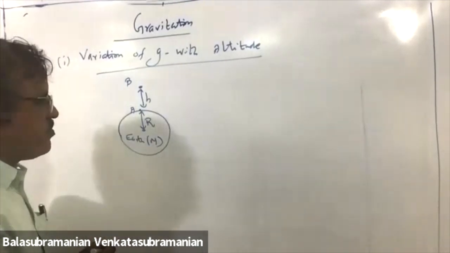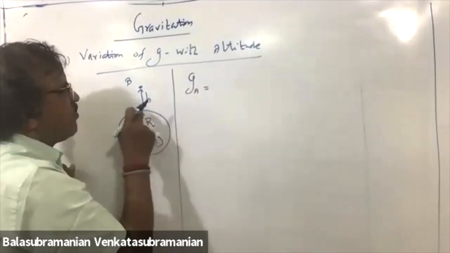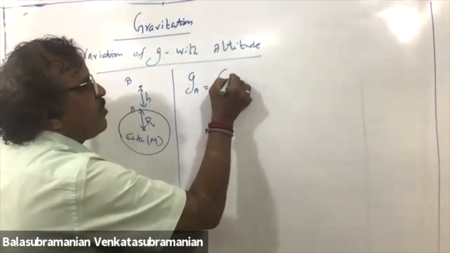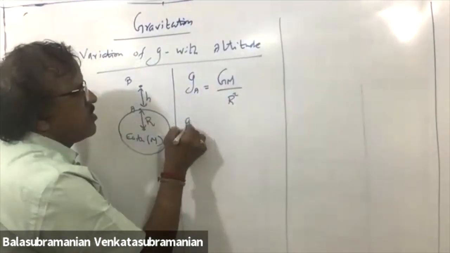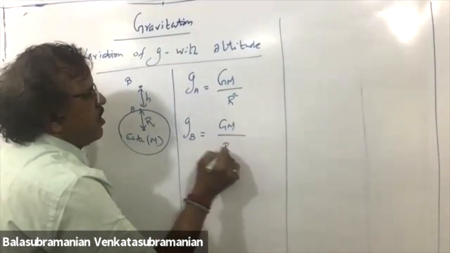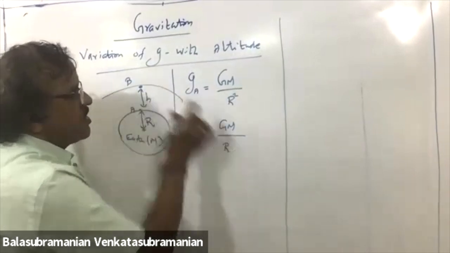How to calculate? g suffix A on the surface of the earth. What formula we have related? Capital G M by R square. g B is G M by, center to this point, what is the distance?